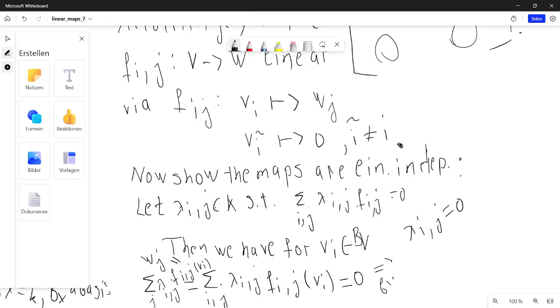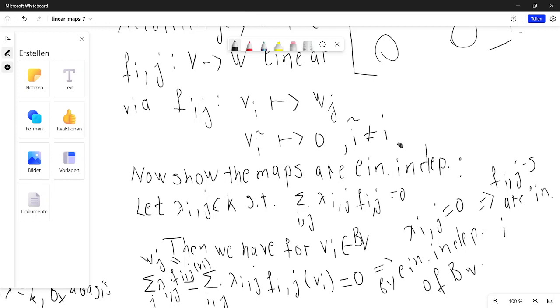By linear independence of BW, that is all elements in BW, and that we can do for every i, and with that we have gone through all lambda ij's, and this gives then what we wished, hence the f ij's are linearly independent.